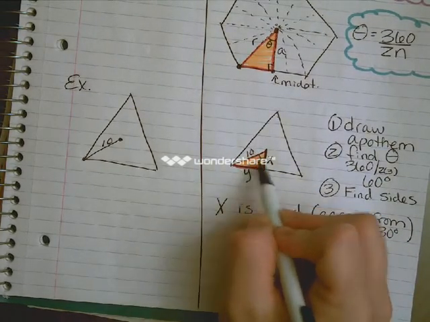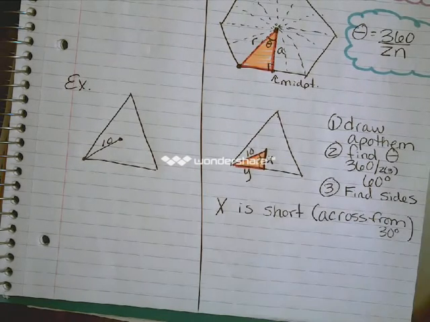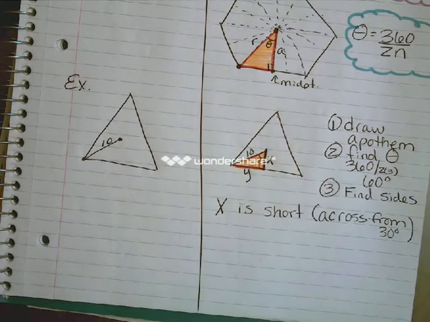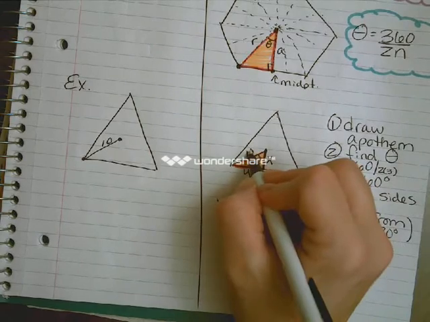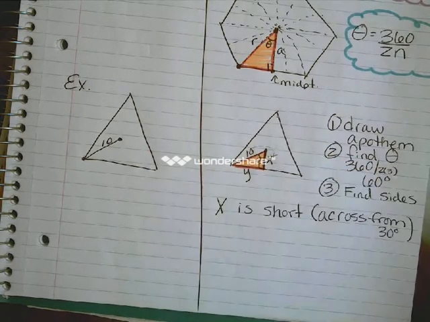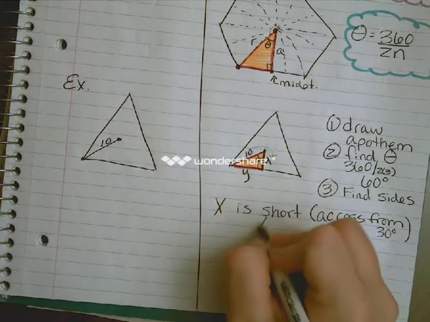If you remember in the formula, you can go back and look at it, but in the formula, from the hypotenuse to the short side is just division by 2. So x equals 10 divided by 2, which equals 5.